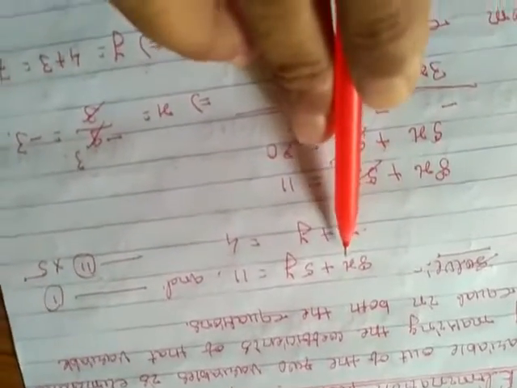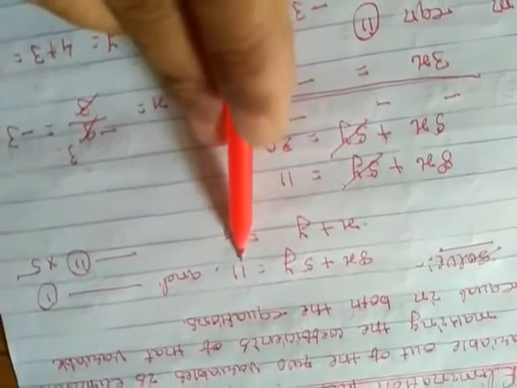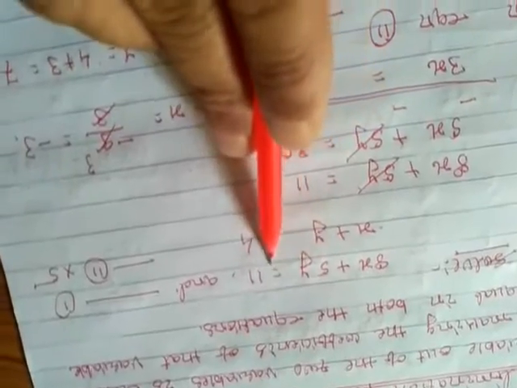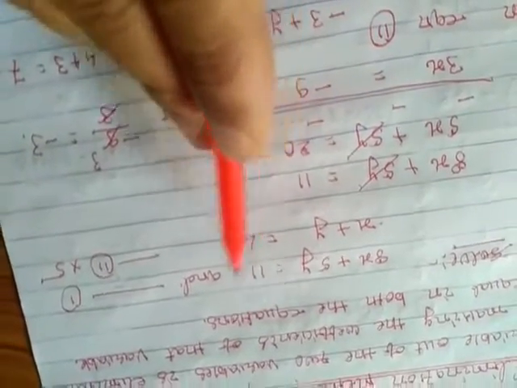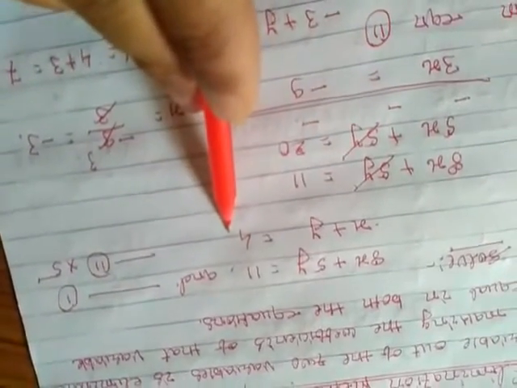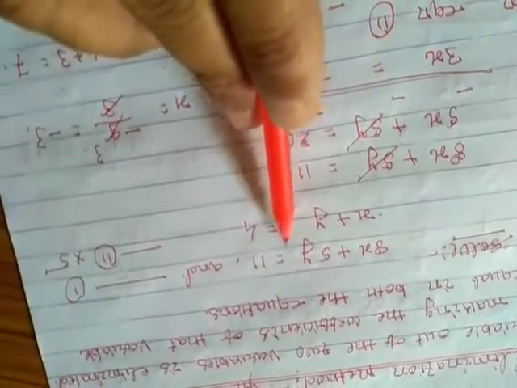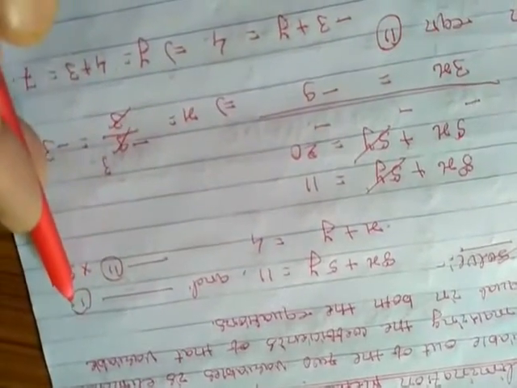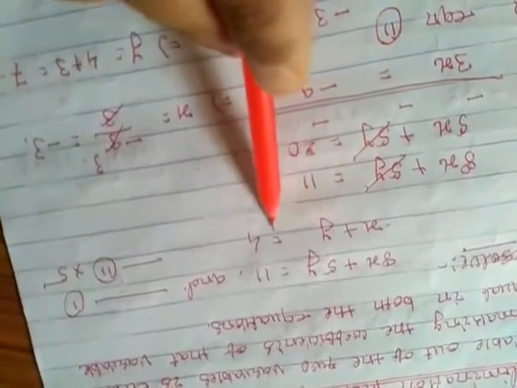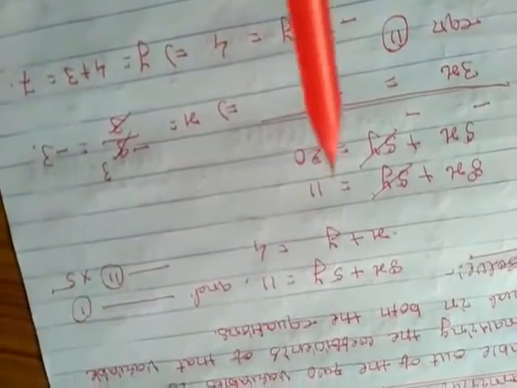Suppose we have a pair of linear equations of two variables, that is 8x plus 5y equals 11, and another one is x plus y equals 4. First we suppose 8x plus 5y equals 11 is equation number 1, and x plus y equals 4 is equation number 2.